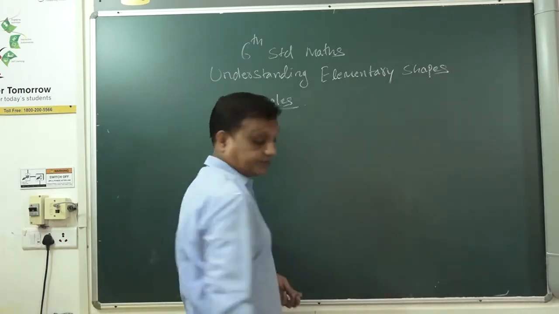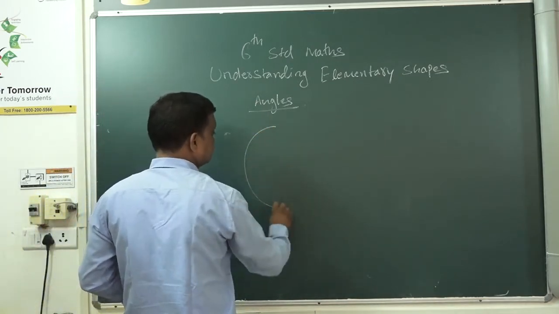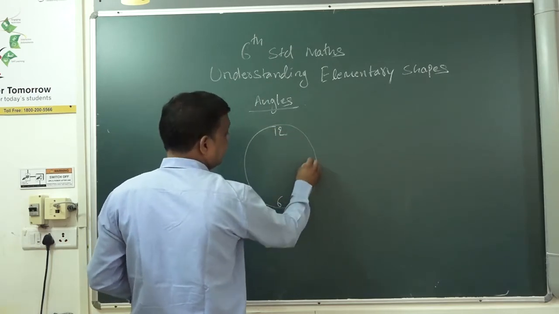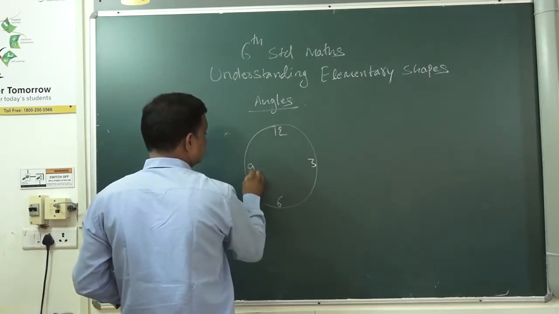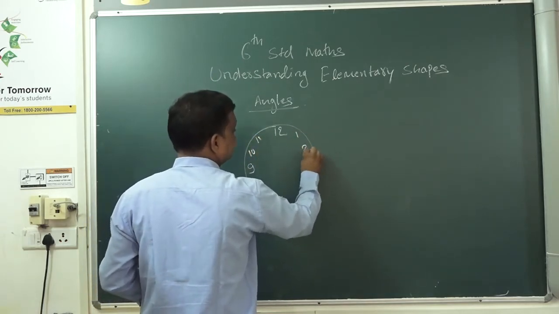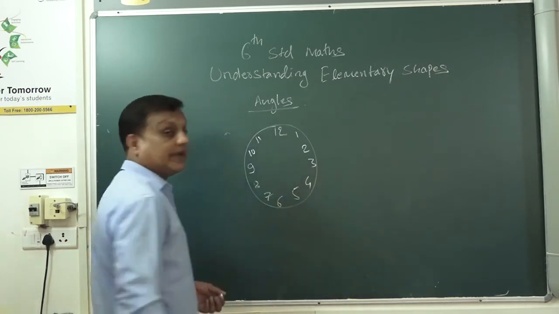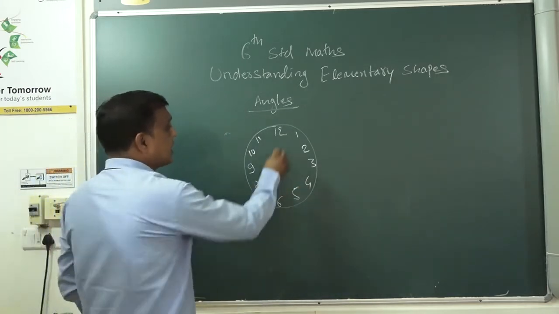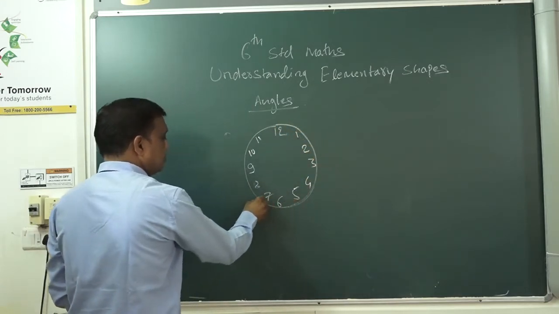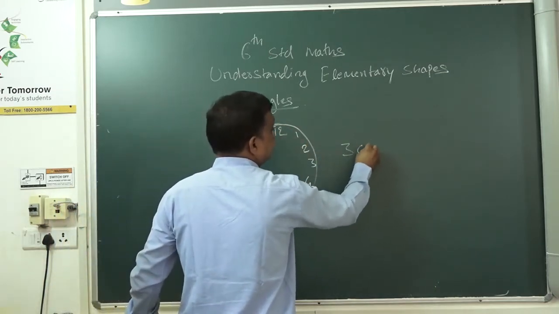Now next, if you see a clock, you already know there are 12 numbers. Please pay attention. If you start from 12 and make a revolution back to 12, it means you cross 360 degree.